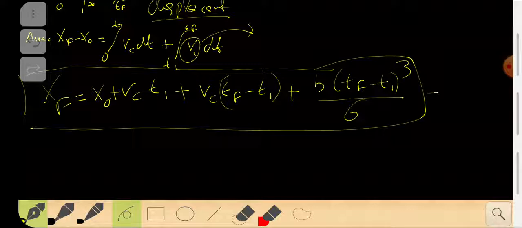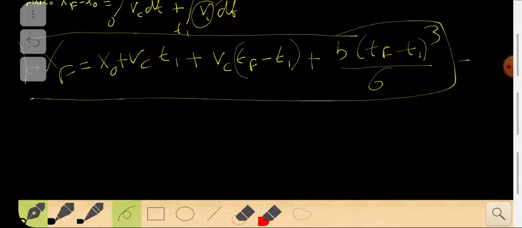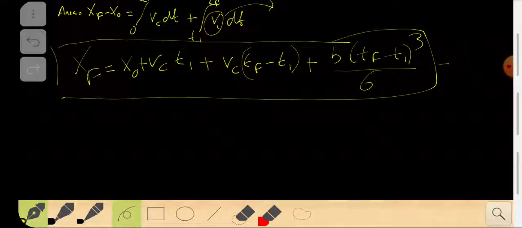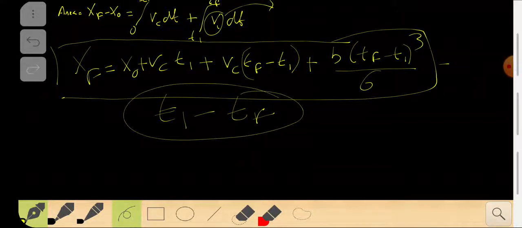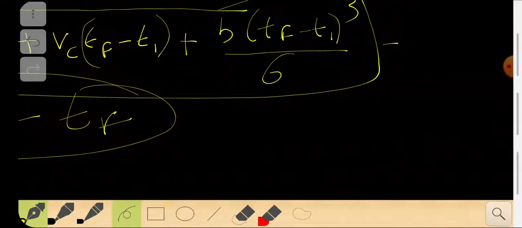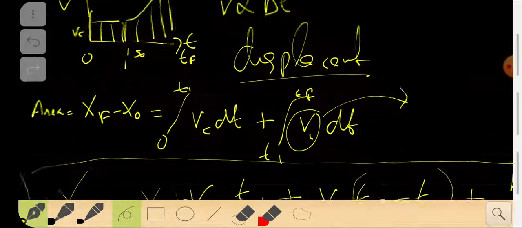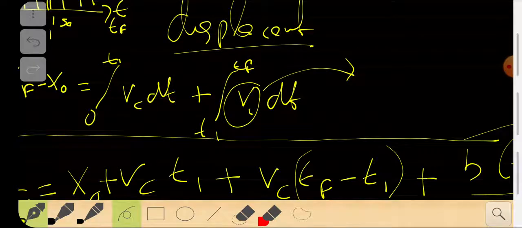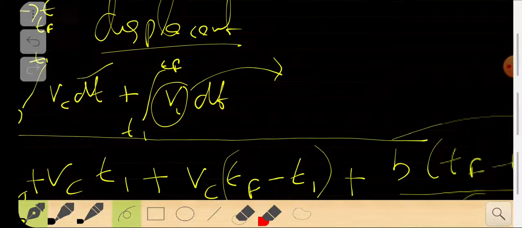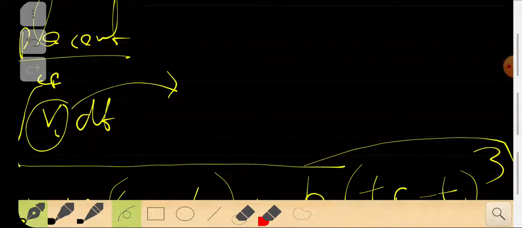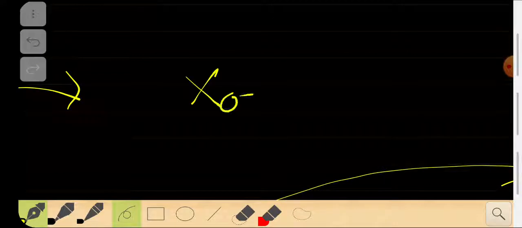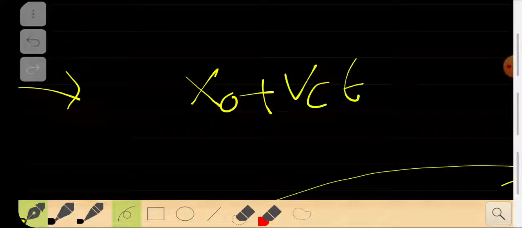Okay, so this is the equation for the position or displacement for the range of t1 to tf, t final. And for the first range, 0 to 1 second, it will be x0 plus vc t1.